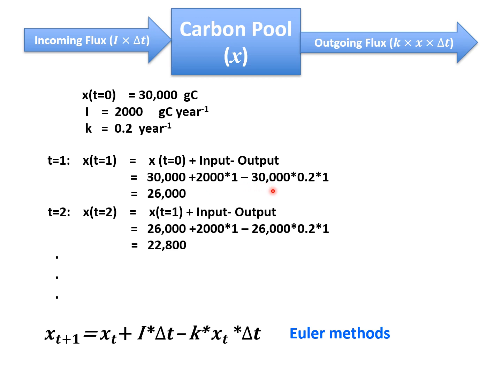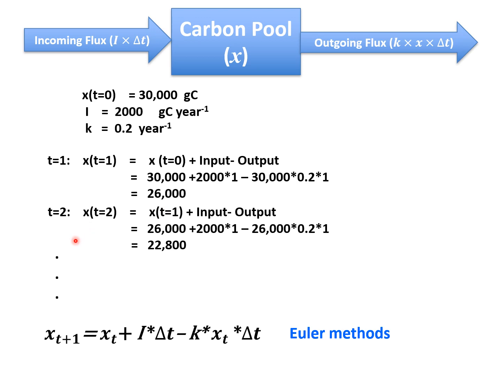And the outgoing flow is pool size dependent, which is the turnover rate 0.2 per year multiplied by the pool size, that is 30,000, multiplied by the time step, that is 1 year, which gives us 26,000 grams of carbon.